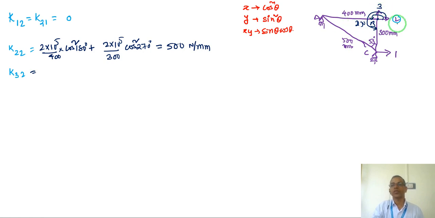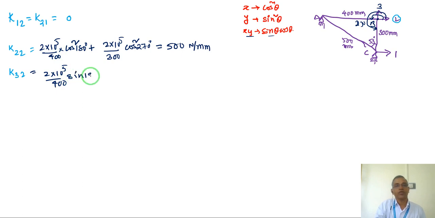Now K32, that means 1x 1y, so sin theta cos theta, and being the same joint, both coordinates are there, I can take a summation. So 2 into 10 power of 5 by 400 remains same, only angle will change, summation remains same.